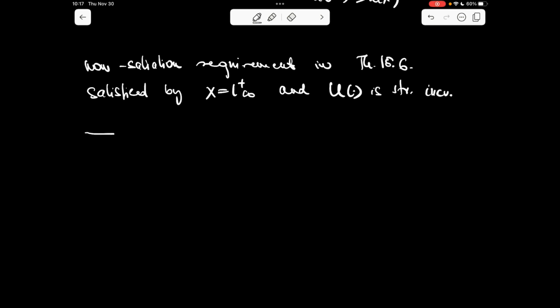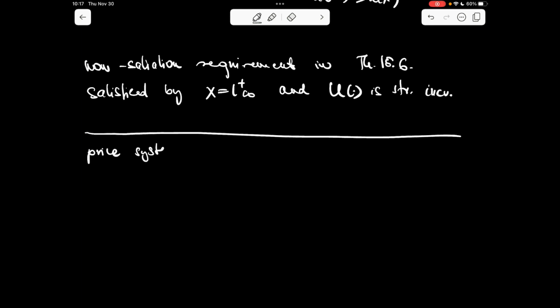On this basis, we want to learn more about the price system, the existence of which is predicted by the two welfare theorems. There may be problems because the product space is the positive orthant of the space L infinity.